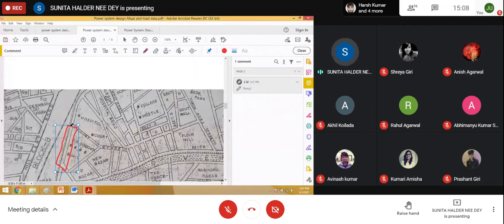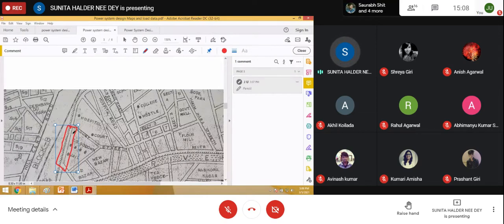So we may decide that if the road width is more than 30 meter, then we shall put the street lights on both sides of the road. For this, I think it is less than 30 meters. Scale is 1 centimeter equal to 100 meter, I think.